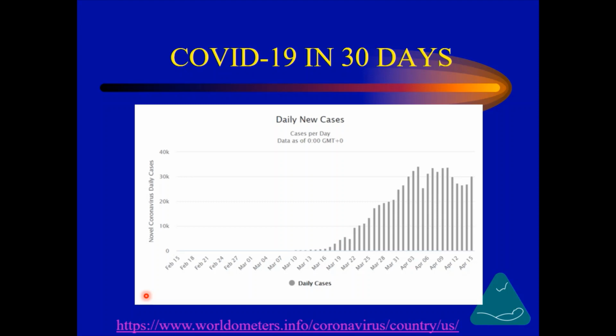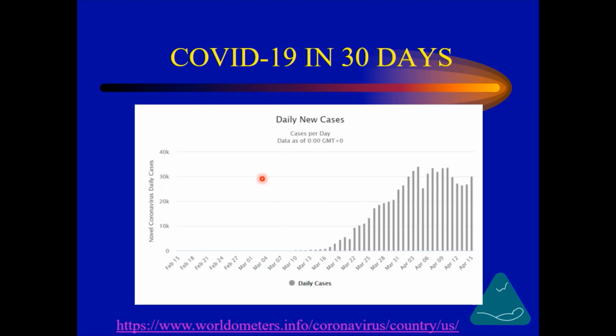Now let's look at the graph for COVID-19. First of all, notice that this axis goes from 0 to 40,000, not 25,000. And notice here, we're counting specific days, not weeks. So each bar here represents the number of cases presenting in one day, not in 7 days.